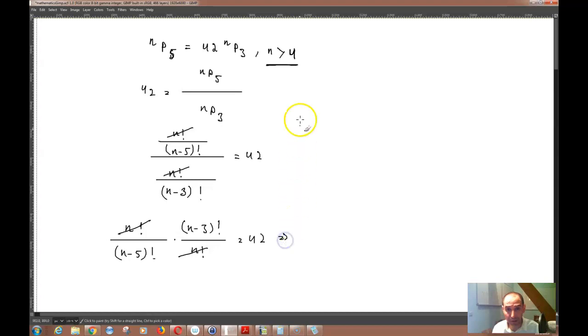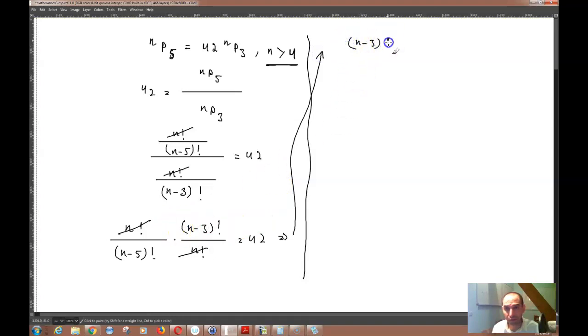And so that means that n minus 3 factorial over n minus 5 factorial is equal to 42. Now you need to simplify this, right? When it comes to n minus 3 factorial and n minus 5 factorial, I need to rewrite these so that I can simplify them.